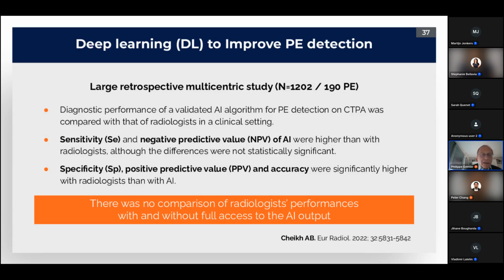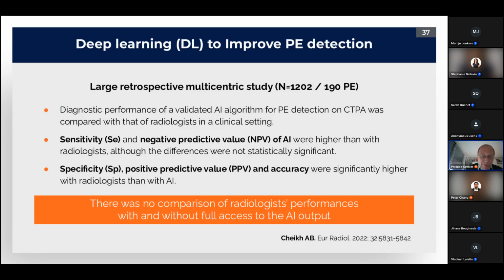Sensitivity and negative predictive value of AI were higher than with radiologists, although the differences were not statistically significant. Specificity, positive predictive value, and accuracy were significantly higher with radiologists than with AI. However, in this study, there was no comparison of radiologists' performances with and without full access to the AI output.